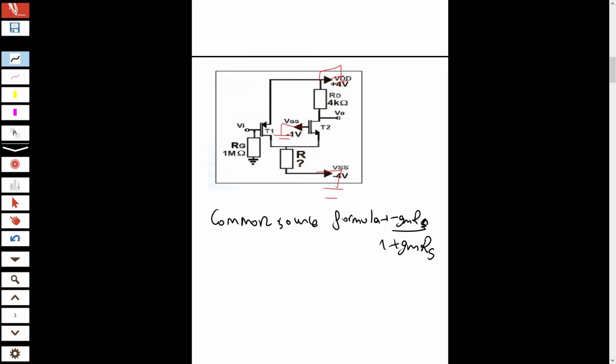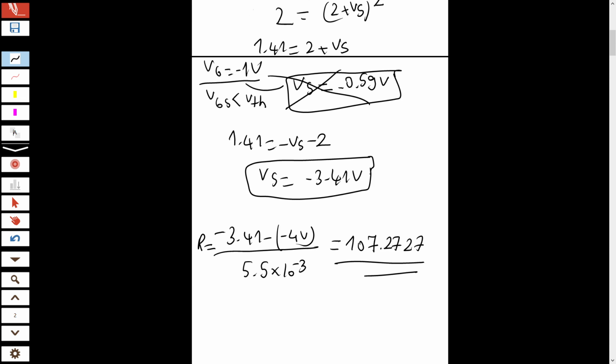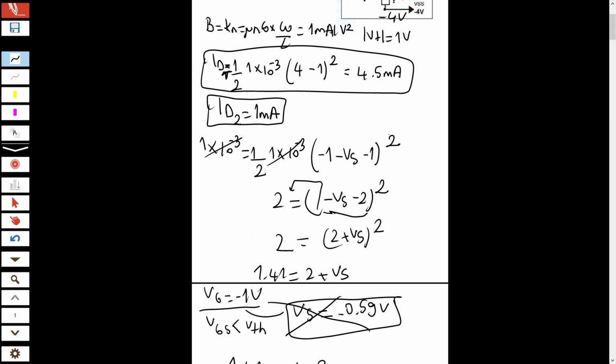In this question, since R source is grounded, this term cancels and the gain is minus GM1 times RD1. The first part of the gain, this is VO1, so VO1 over VI equals minus GM1.